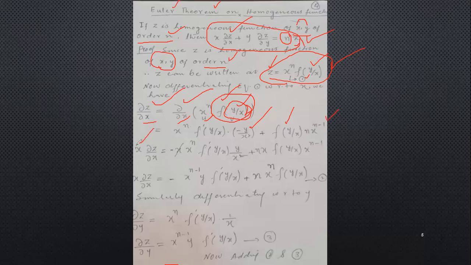On the right hand side we have two terms, so x multiplies both. With the first term, x is in the numerator and x squared is in the denominator, so one x cancels from the denominator.